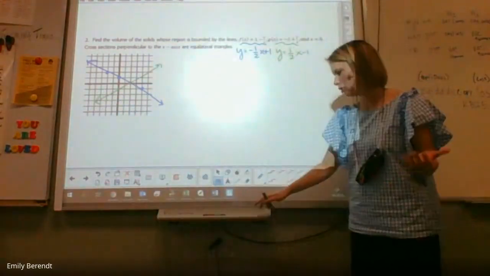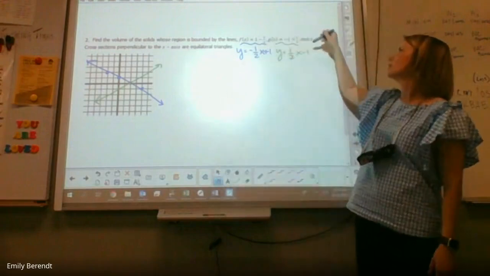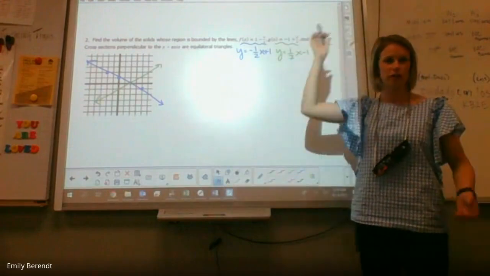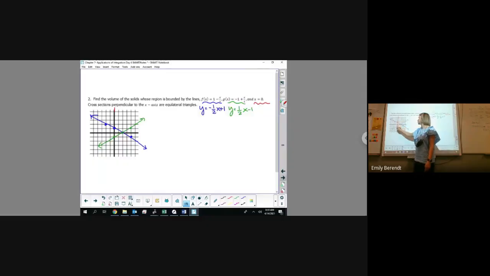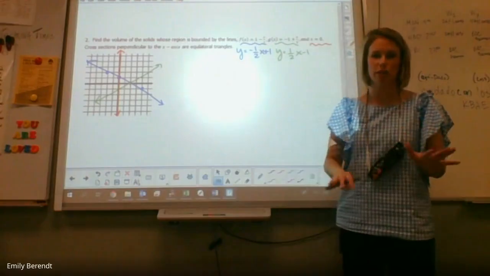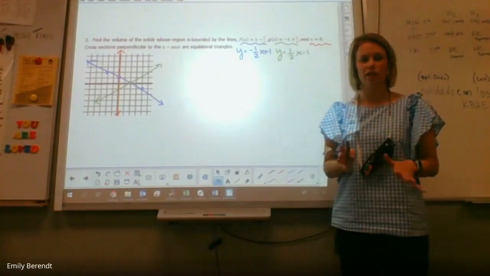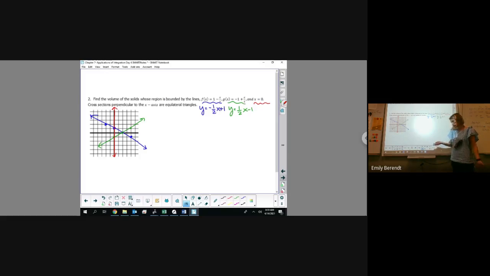And then we are also bounded by the line x equals 0, which is essentially just your y-axis. So the bottom part of our shape that we're stacking our equilateral triangles in is a triangle.